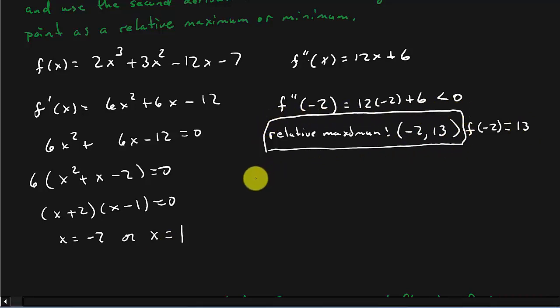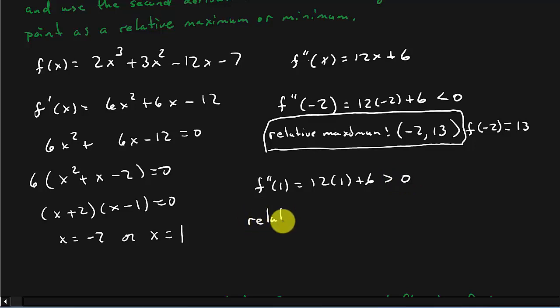And then we test the 1. So f double prime of 1 is equal to 12 times 1 plus 6, which is positive.